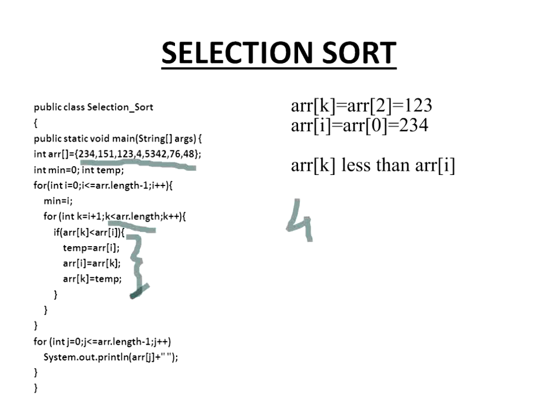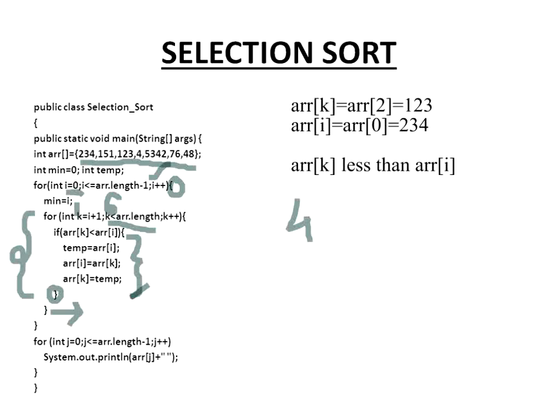The smallest element is placed at index location 0. Now once the value of k becomes 7, it will make this condition false and the loop will be terminated. When this loop is terminated, the value of i will be incremented by 1. So this time the value of i will become 1.